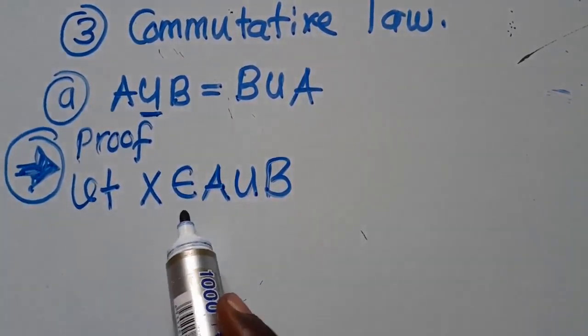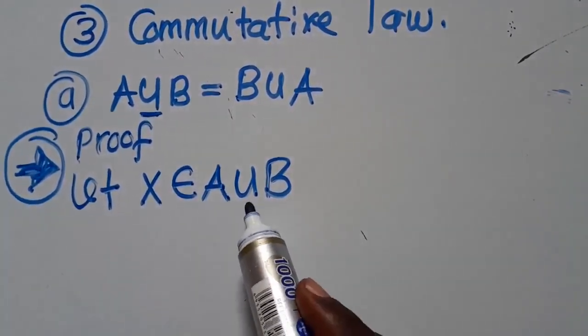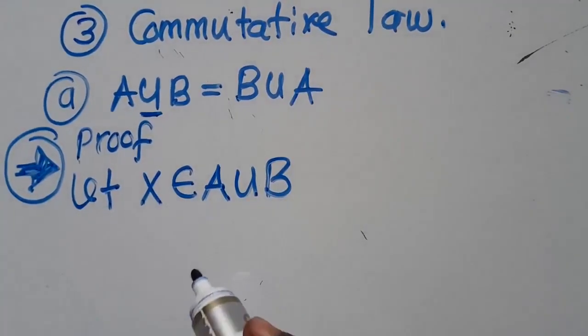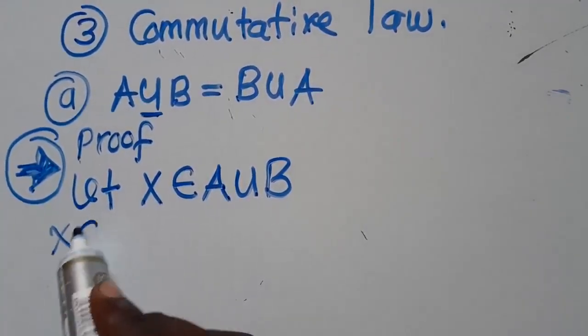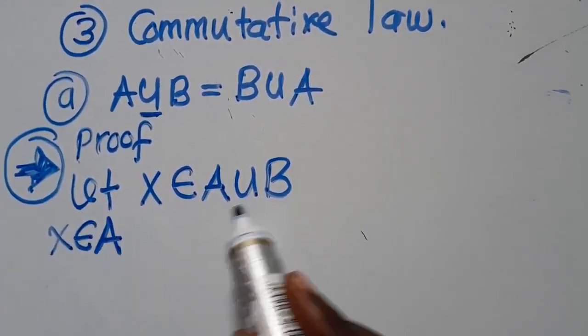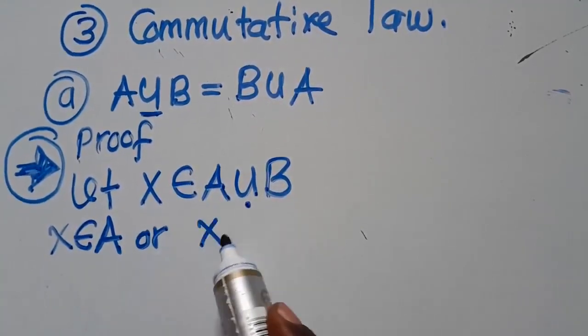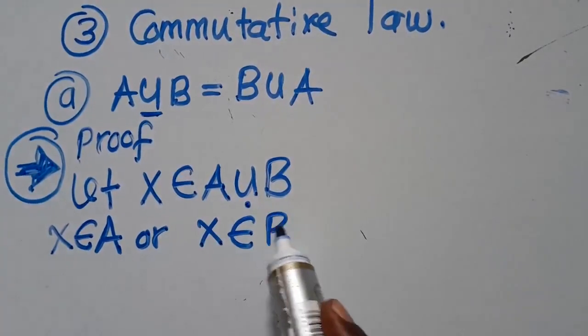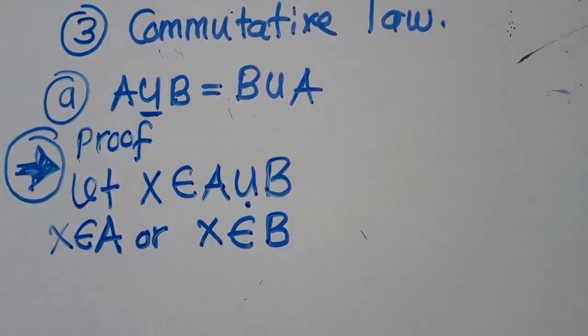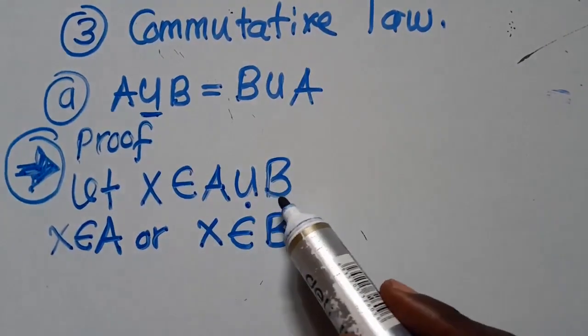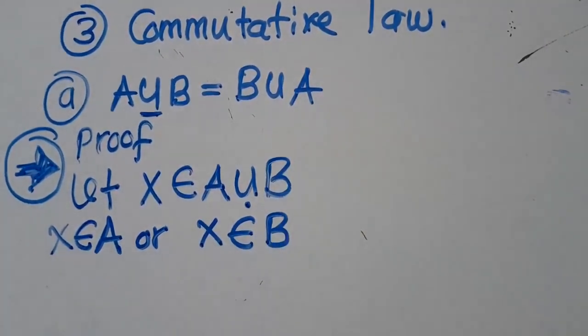Let X be a member of A union B. This means that X is a member of A, or, where U here means or, X is a member of B. Have you seen the way I've written? I've just interpreted what was there. Even if I interchange this, it is one and the same.